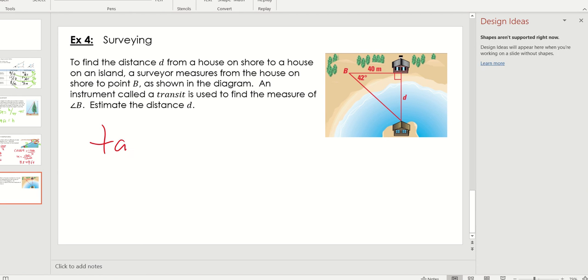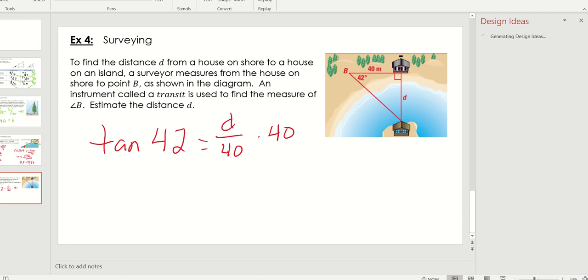So that would mean I'm going to use tangent. Solve for the distance. I'm going to multiply both sides by 40. And 40 times the tangent of 42 is 36 meters.